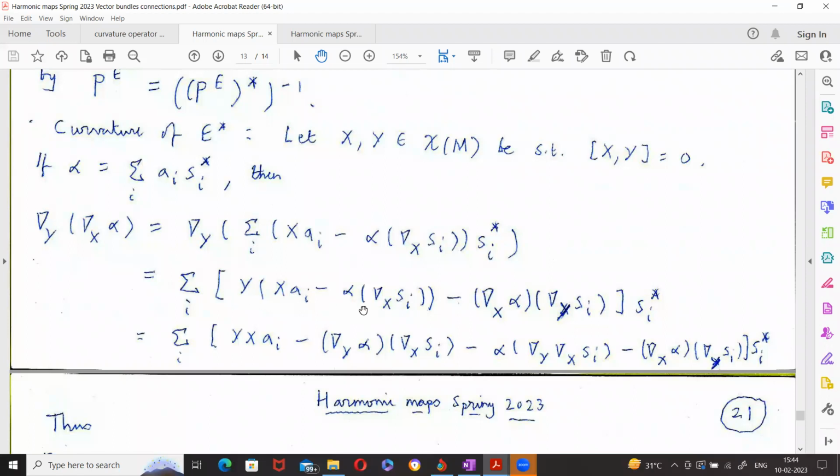So y applied to alpha of some section of the bundle E: first I differentiate alpha, so this will be minus nabla y alpha of nabla x s_i, minus, then I take alpha of the section differentiated with respect to y, so I get nabla y of nabla x s_i. And then I have this other term, minus nabla x alpha, nabla y s_i. And then outside I have Si star. Okay.